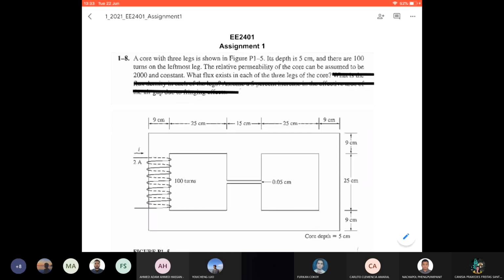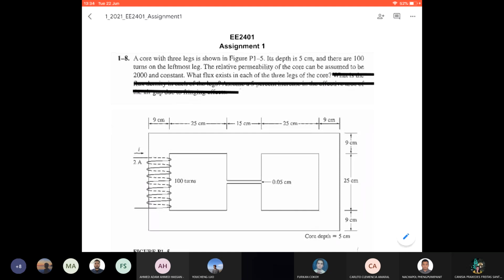Let me briefly draw this core a little bit, okay, and I'll explain it to you in a moment. As you can see in this problem, I didn't draw this right.